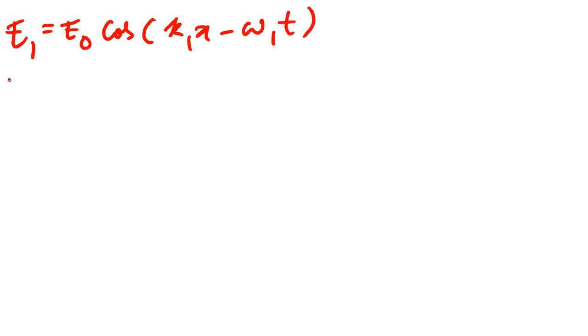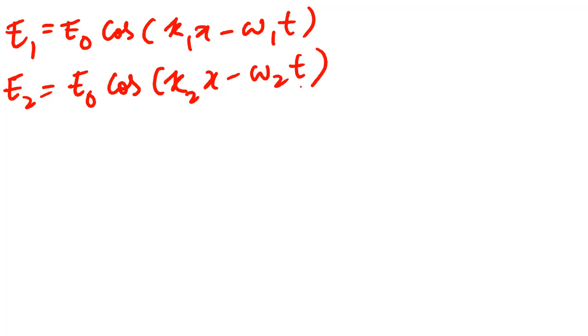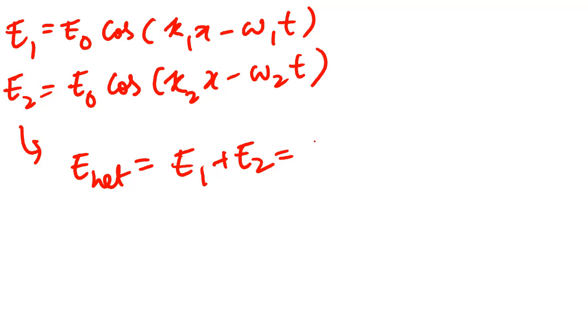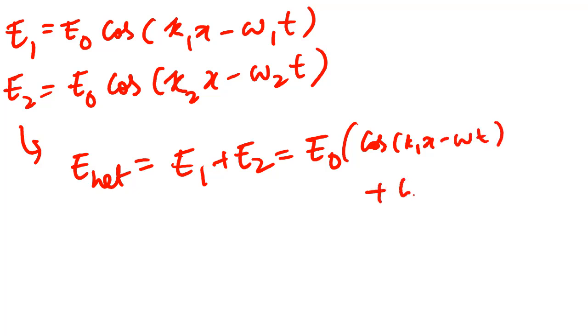If I have one electric field that goes as k1x minus omega 1t, and another electric field which has a different wavelength and a different frequency, the net electric field would simply be E1 plus E2. I could write that as E0 cosine k1x minus omega 1t plus cosine k2x minus omega 2t.